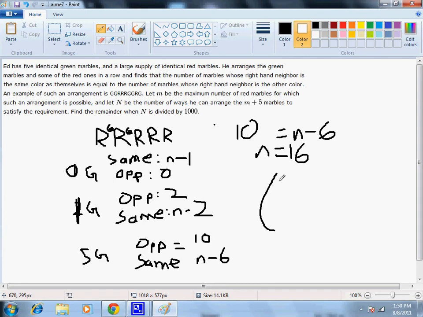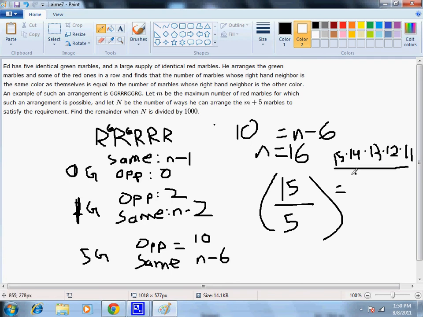So the number of ways to arrange them is 15 choose 5, which is equal to 15 times 14 times 13 times 12 times 11 over 5 times 4 times 3 times 2 times 1. So this cancels, and this becomes this.